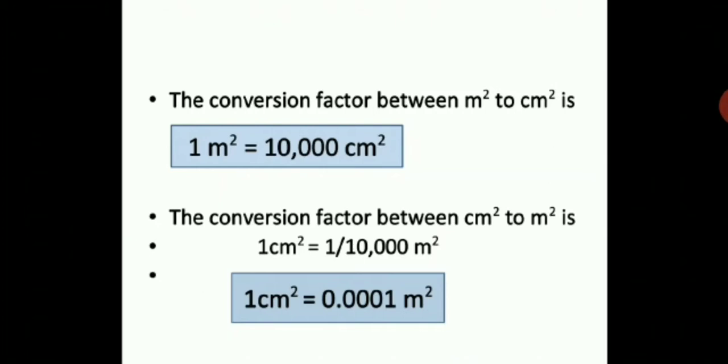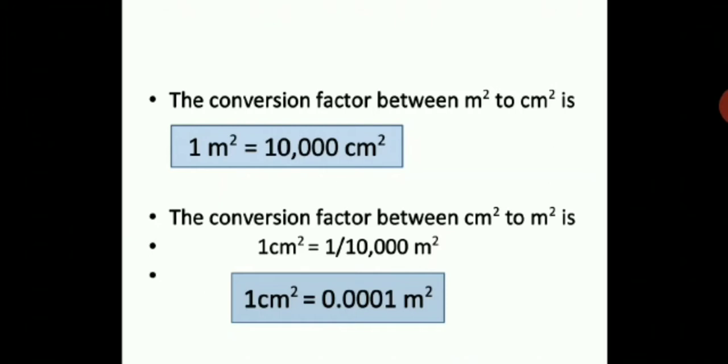So what will be 1 centimeter square? You have to divide 1 meter square by 10,000. When you divide by 10,000, 1 centimeter square will be equal to 0.0001 meter square.